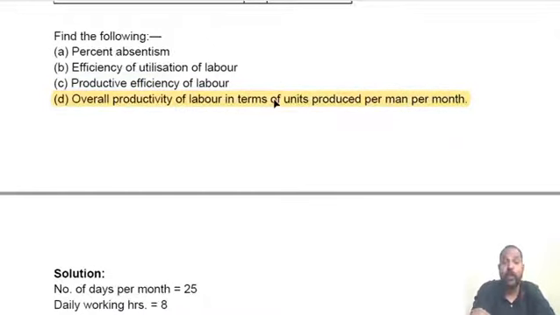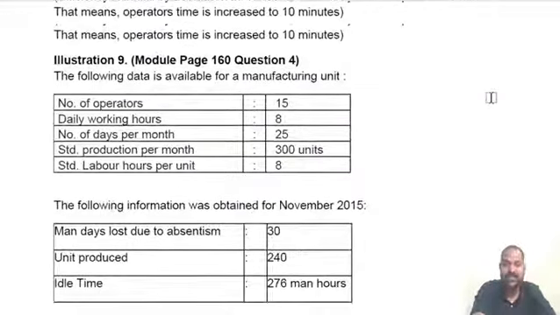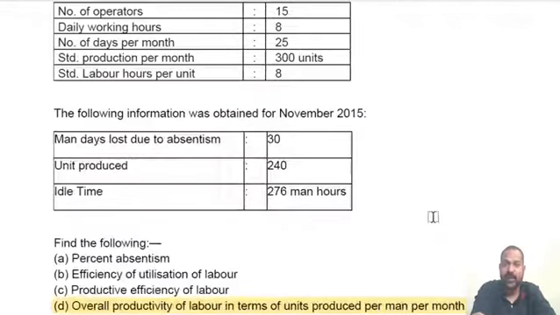They want an input-output productivity. They want you to tell them how many units are produced per man per month. So by one man every month, how many units are produced? Okay, let's come back to the data and let's start writing down one thing at a time so that we have everything in front of us so that we can begin the solution.